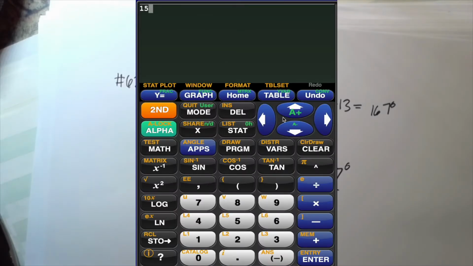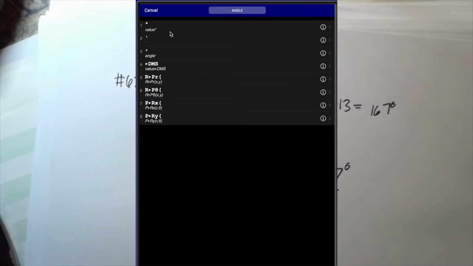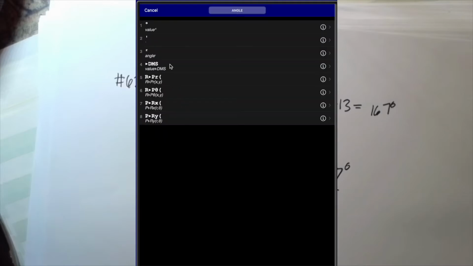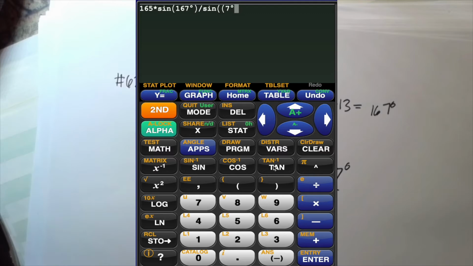So 165 times the sine of 167 degrees divided by the sine of 7 degrees, and we get 304.5.